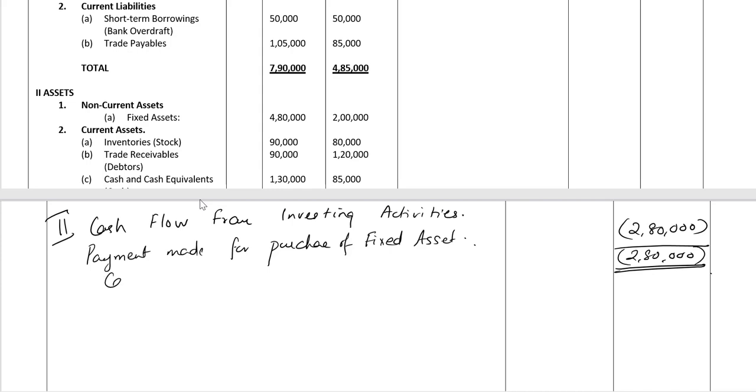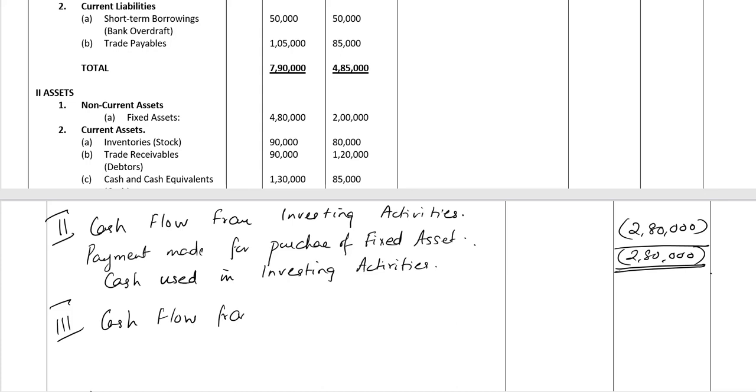So cash used in investing activities, ₹2,80,000. Let's move on to Roman number 3, cash flow from financing activities.